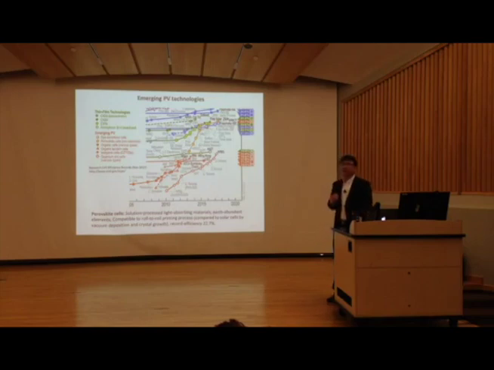Because if we look at the cost of silicon PV, it's still not competitive with other types of power generation resources. But if you propose some very unique applications that take advantage of silicon PV, maybe that's a very good angle to enter the market and promote the whole thing. I really like that kind of application, but it still takes time for us to see how these things get developed.